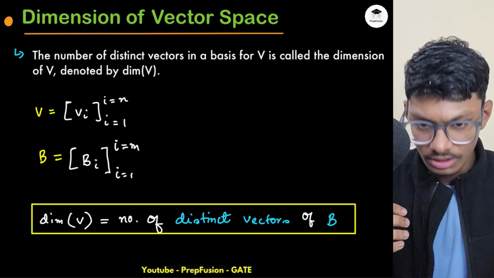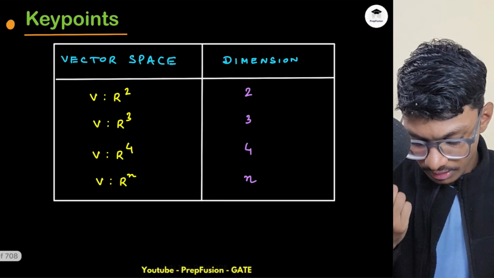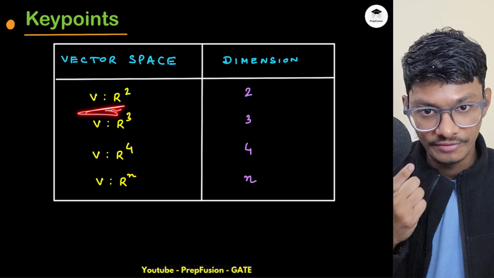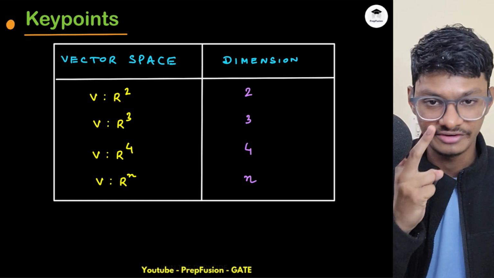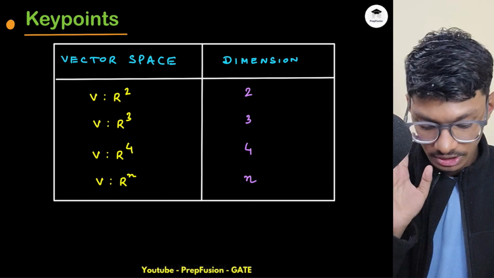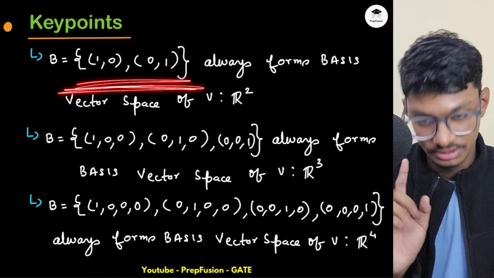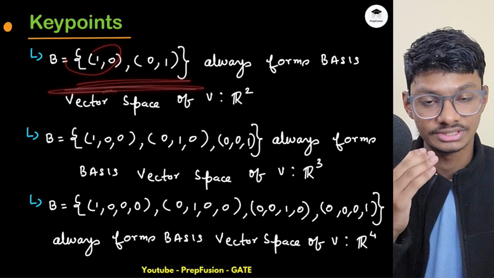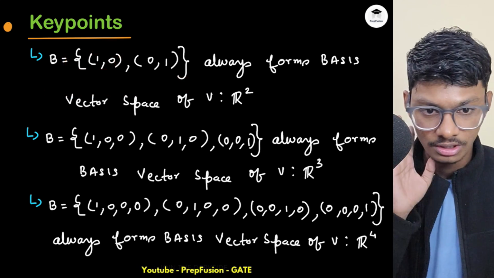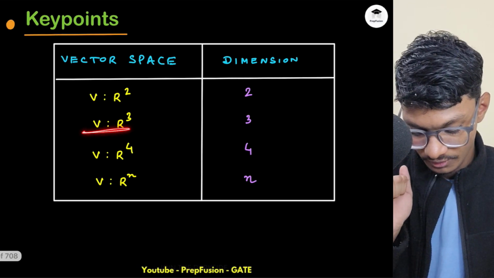Okay, so let's do it with an example. Here the vector space is V R square, so a 2D real space, right? So it has dimension 2. What does this mean? For 2D this forms a vector space. How many distinct vectors do I have? 2. So this will be 2 dimension. Now V R cube.